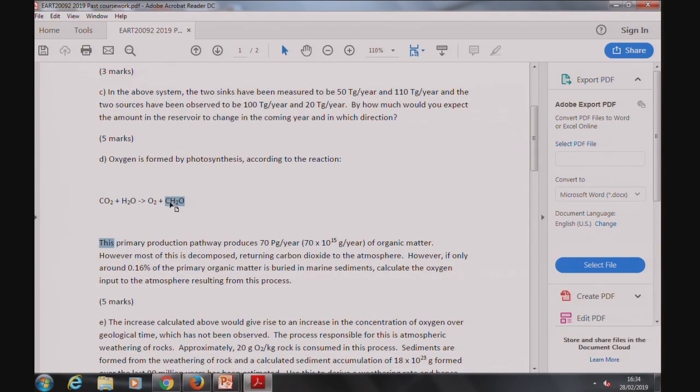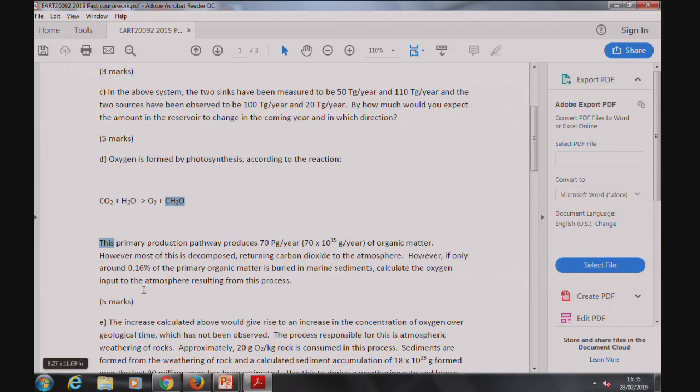Write it down again. CO2 plus H2O gives me oxygen and CH2O. Now this goes on to give me CO2 and H2O. That's what it says.